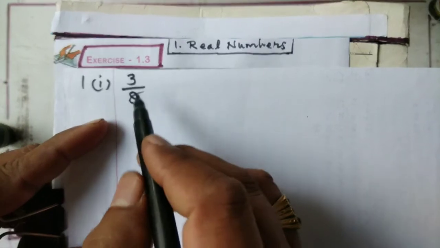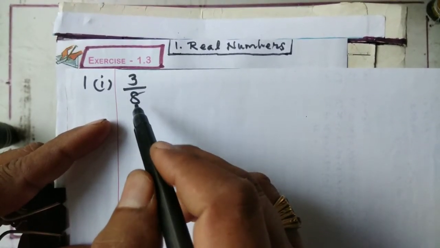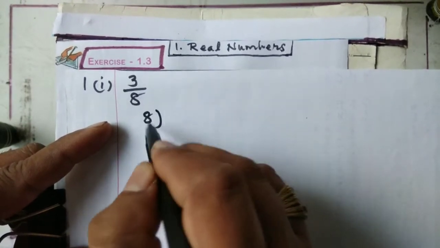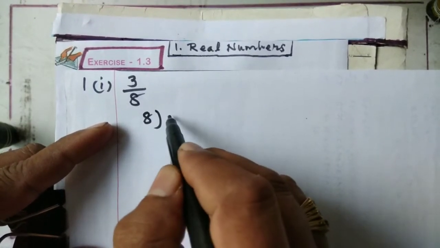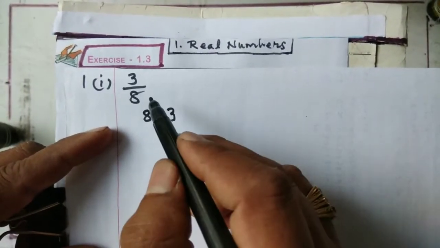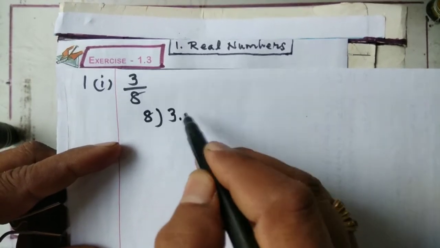We have to divide numerator with the denominator. Here numerator is less than the denominator, so proper fraction. That's why we have to keep point and 0.